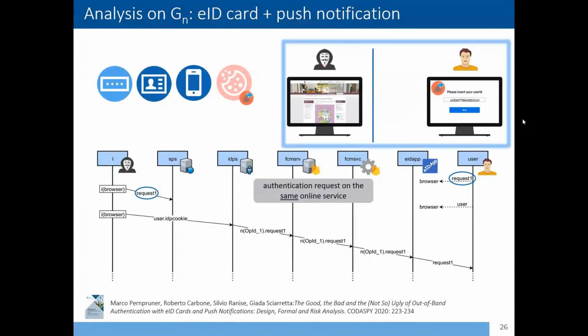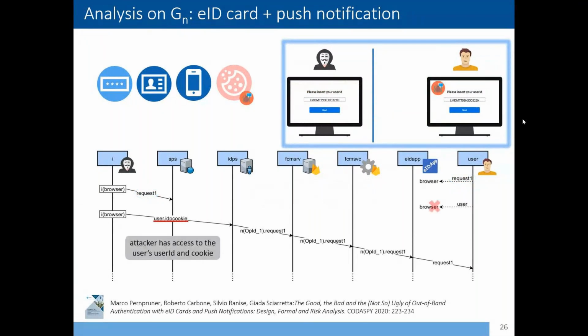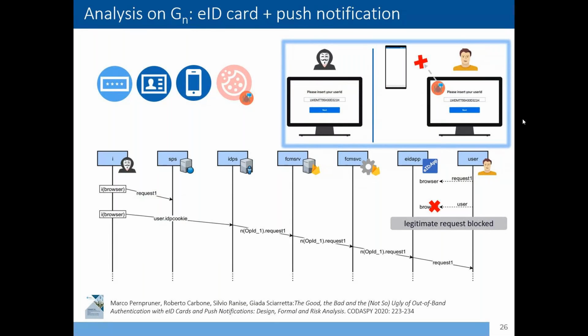Now, in this protocol, the user will receive a push notification, but the attacker, being a man in the browser, is able to block the legitimate request, and only the malicious request will reach the user.